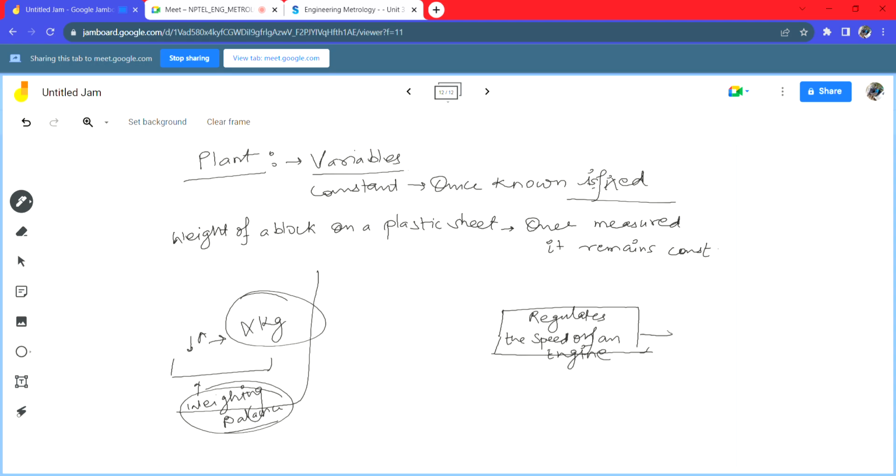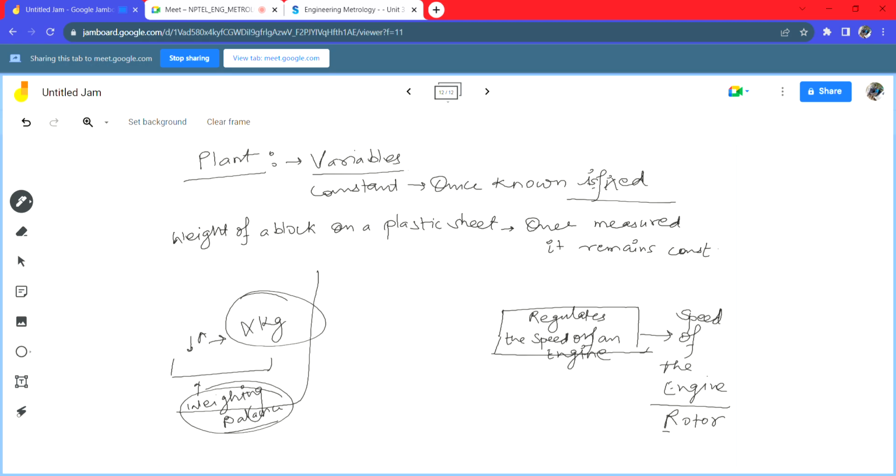So the output of this system is the speed of the engine, the rotor precisely.